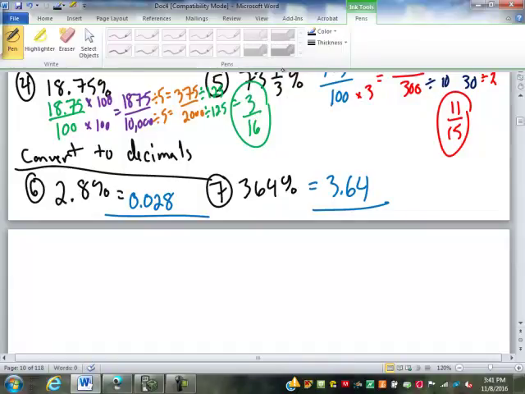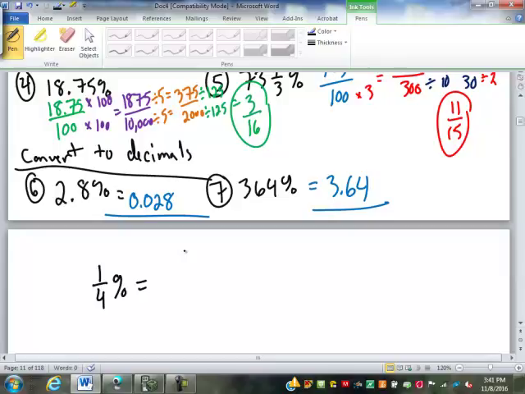Okay. One thing I mentioned was something called benchmarks. We mentioned that when we did 1/4%, and I asked you to turn that into a decimal. A lot of you said 0.25 right away.